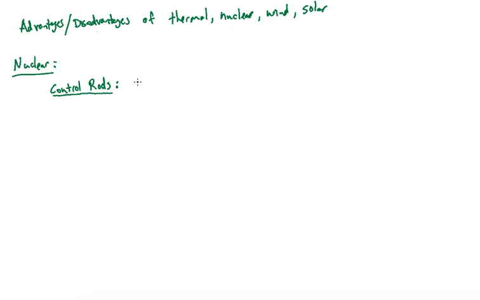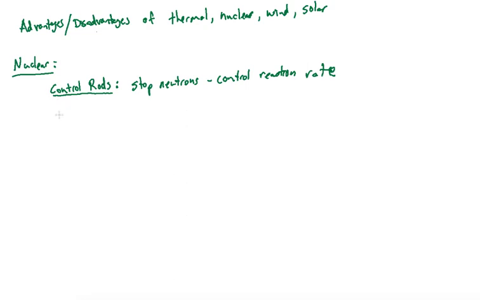It's a material that stops neutrons, and you can lower them a little bit or a large amount, and you can use them to control the nuclear reaction rate. If you let it get too out of hand, then you have your nuclear power plant melting down, and that's not good. But if you shut it off too much, then you're not getting enough power, so you have to use these to control it.